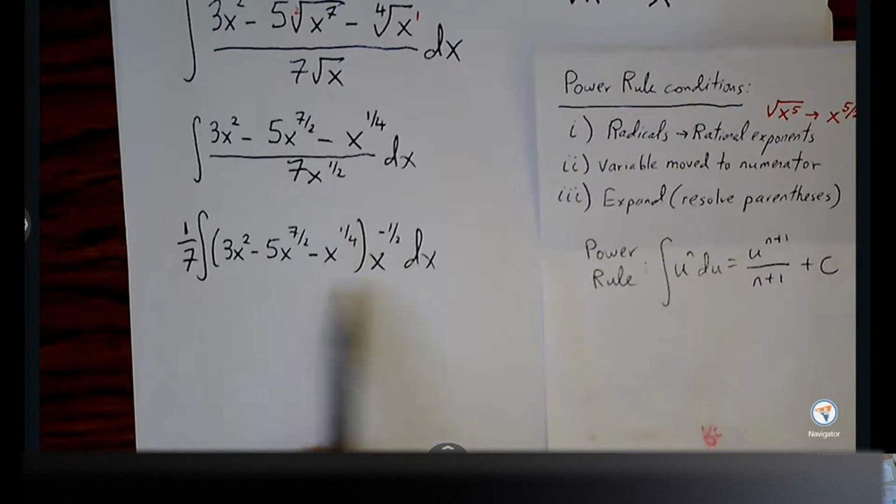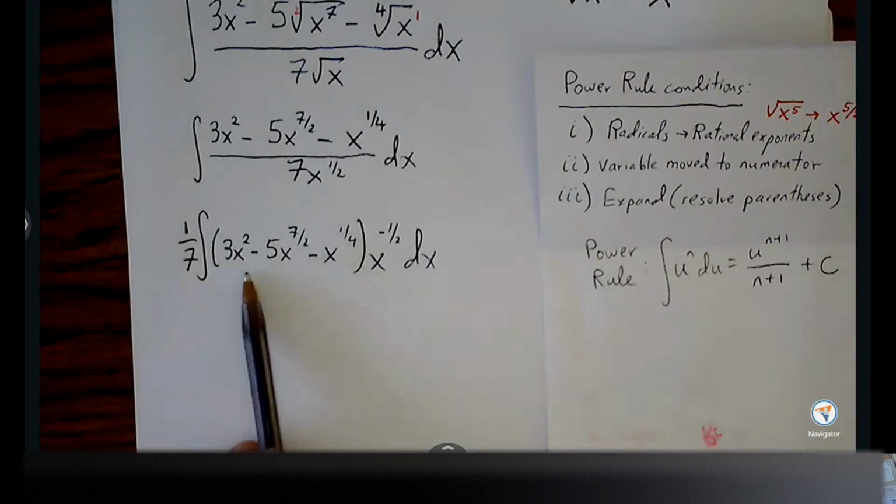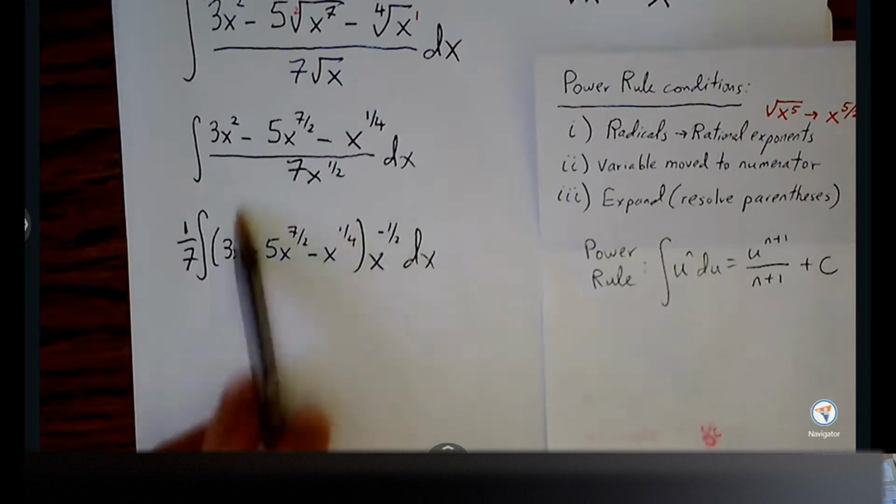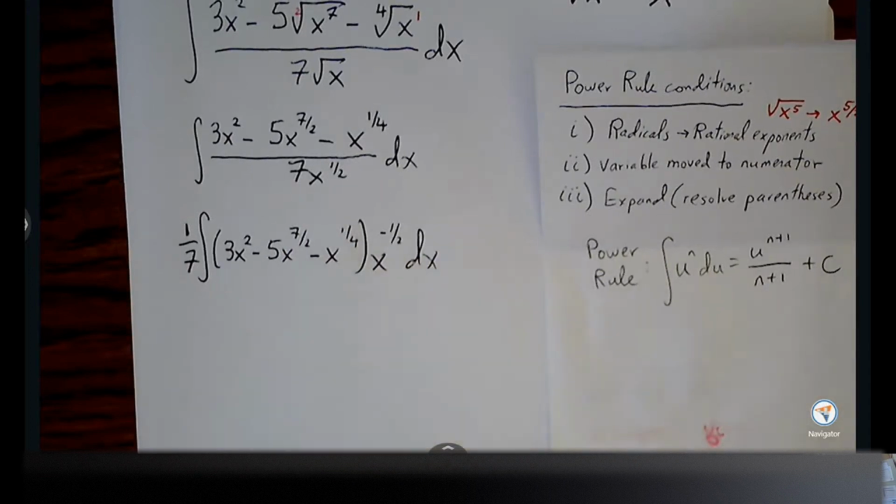Okay. So what would you do next to merge it all together? And how do we distribute this through? How do we combine those numbers together?